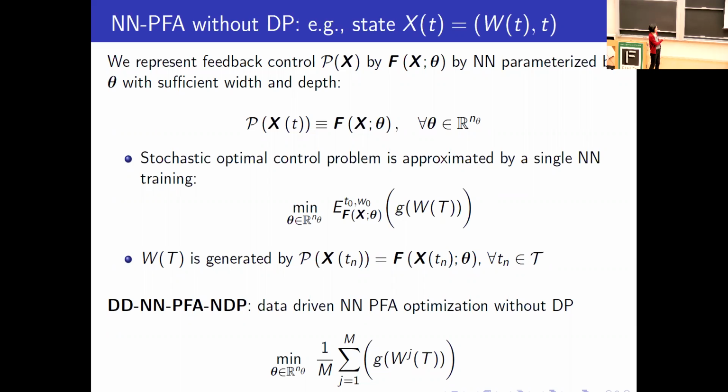Which basically is because I approximate the control by a parameterized control function, parameterized by theta parameters, think about it as a neural network. And then my problem becomes finding the parameters of the neural network so that I optimize my objective function. So that all seems to be very natural and intuitive and simple.